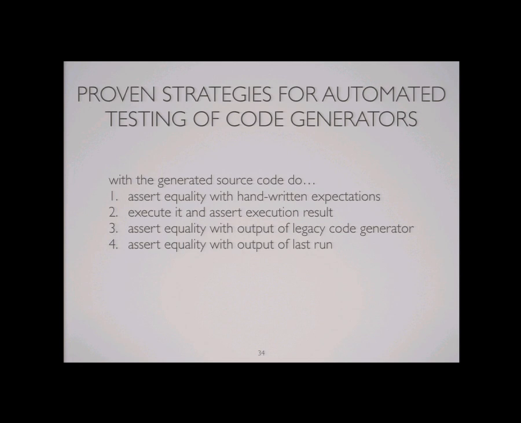That approach, of course, will not find bugs that have been there in the generator from the beginning, but it does save you from regression bugs. So with that approach, you can incrementally improve the generator and at the same time make sure you do not accidentally introduce regressions. Yeah, so that's 4 approaches.